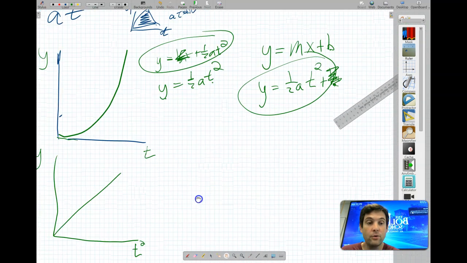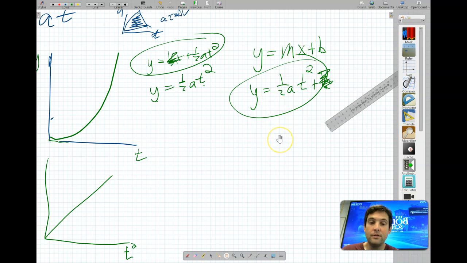All I did is take my equation and line it up with my straight line equation formula, y equals mx plus b. An alternative method, if you need to solve for acceleration and you've come to this equation, is you can just solve for acceleration. You're going to get acceleration equals 2y divided by t squared.